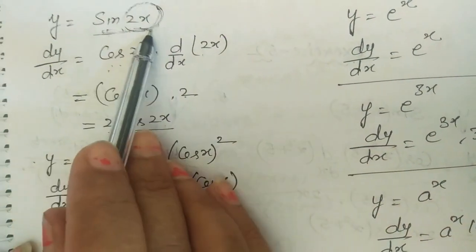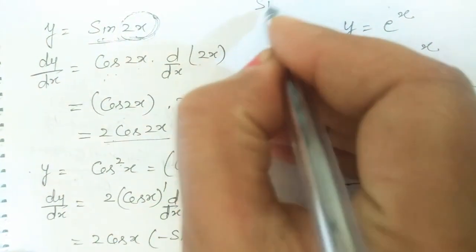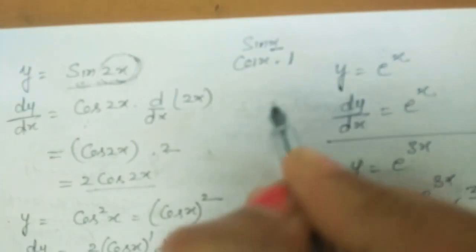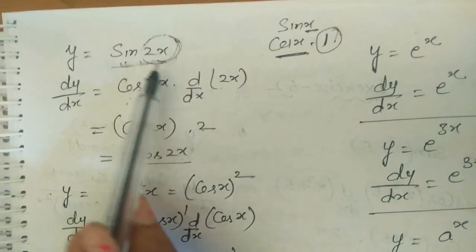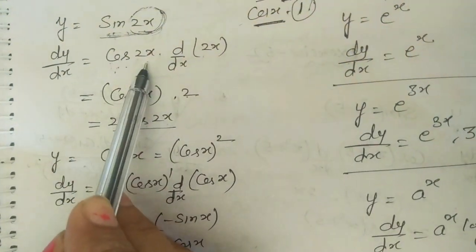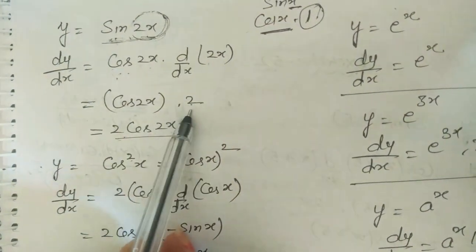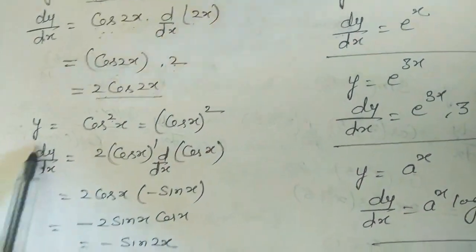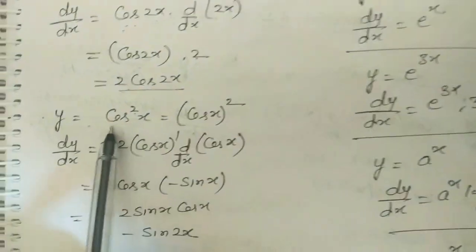We apply the chain rule here because in sin x, the derivative is cos x into the derivative of x, which is 1, so there is no need to write 1 and we just write cos x. But for sin 2x, we take the derivative of the sin function, that is cos 2x, into the derivative of 2x, which is 2. So the answer is 2 cos 2x.